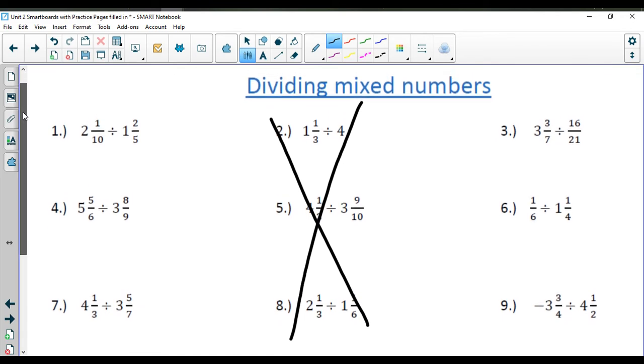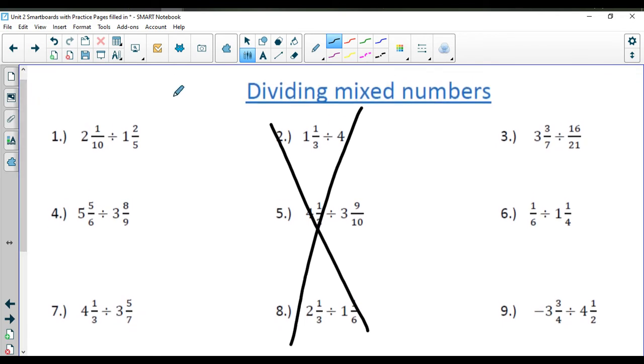Taking a look at the mixed numbers section, remember with mixed numbers, you need to change them to improper first. So I'm going to write that step here with the division problem still. And then I'm going to rewrite it as a multiplication problem. Reduce, reduce. 3 times 1 is 3. 2 times 1 is 2.